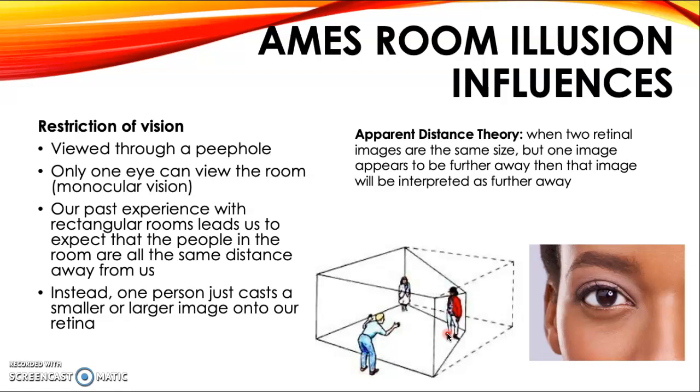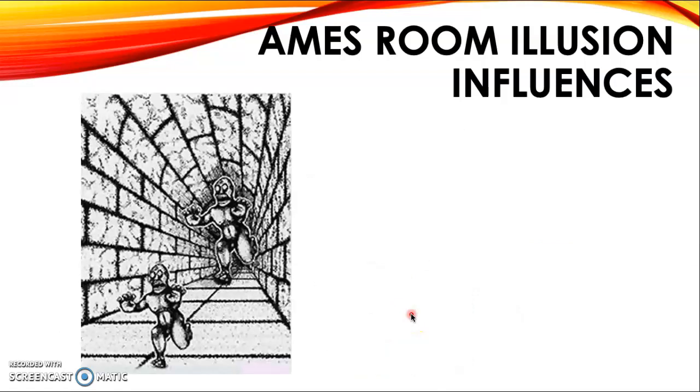So apparent distance theory is one image appears to be further away, then that image will be interpreted as further away. So because apparently these are the same distance, we don't interpret them as being further away here. We interpret them as being the same distance.